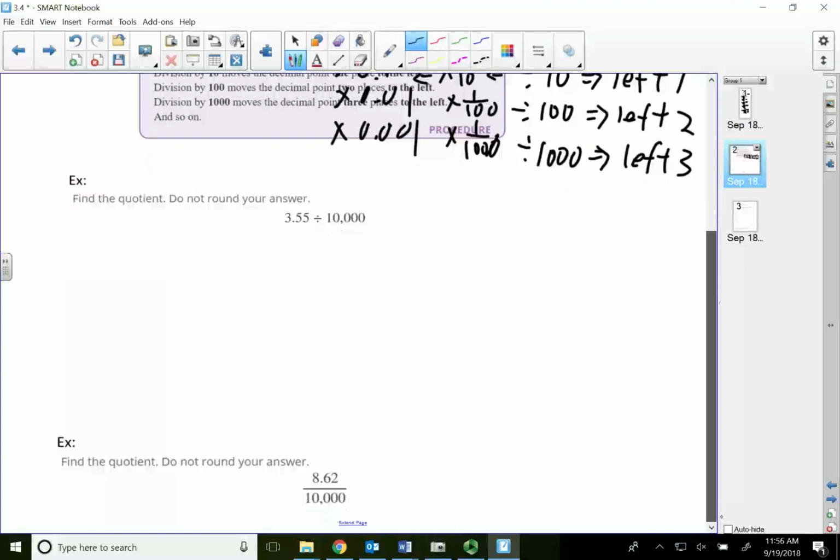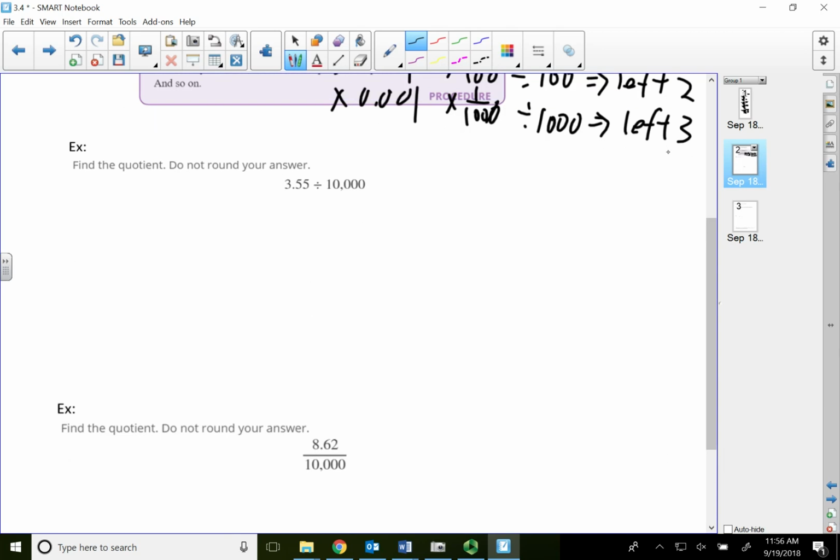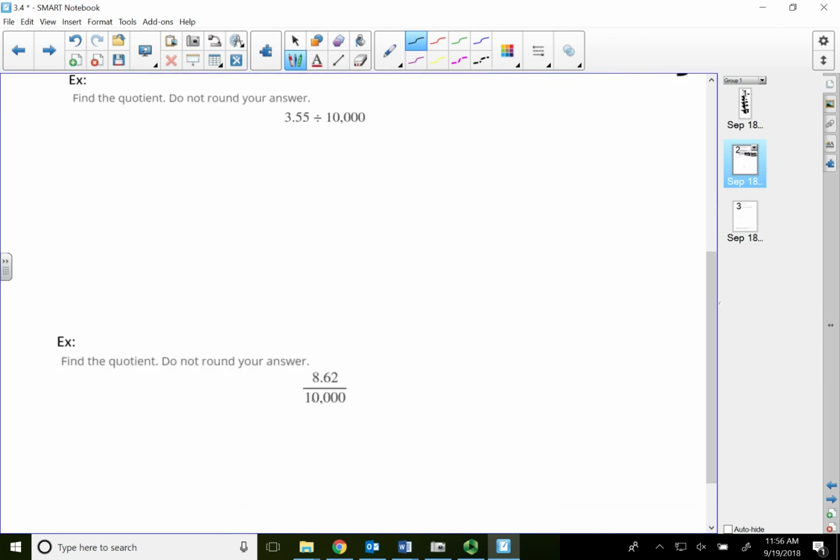Just like right here, the second example, dividing by 10,000. Dividing by 10,000 means the 8.62 is actually times by 1 over 10,000. So dividing by 1,000 is moving to the left three places, so dividing by 10,000 is moving to the left four places.